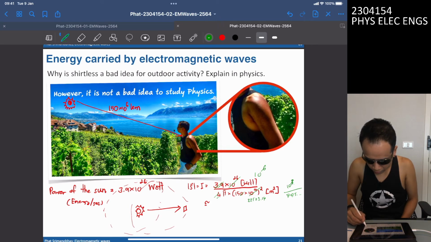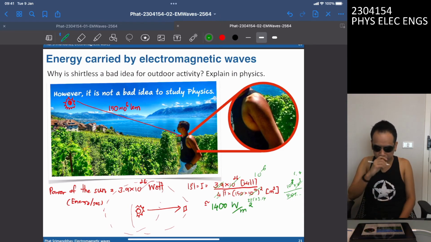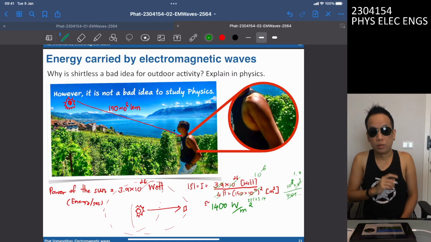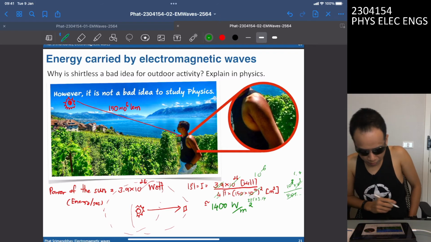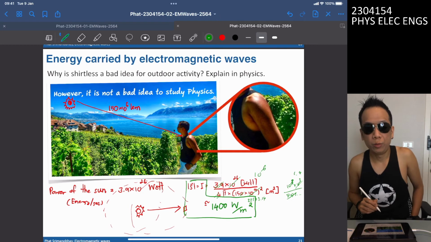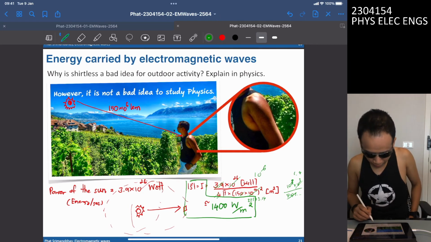So you can take 10 to the 3 times 10 to the 3, and this is roughly 1.3, 1.4. So it's 1,400 watts per square meter. This is the intensity when you are outdoors and nothing protects you.